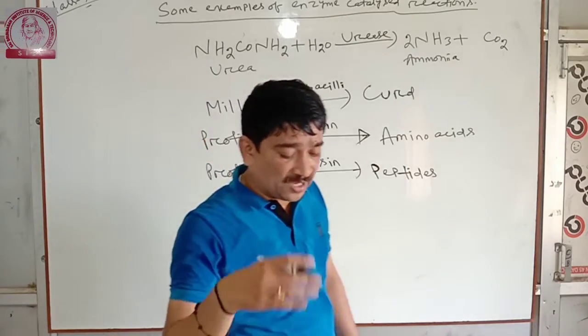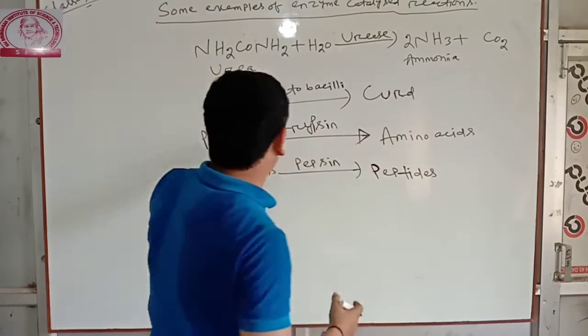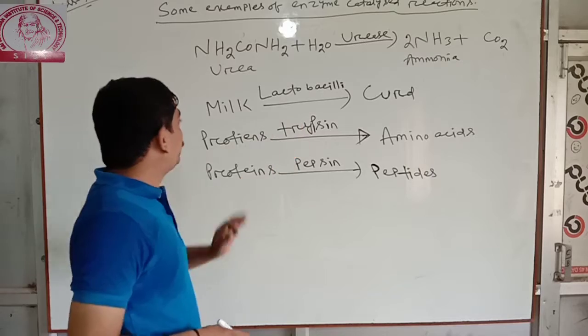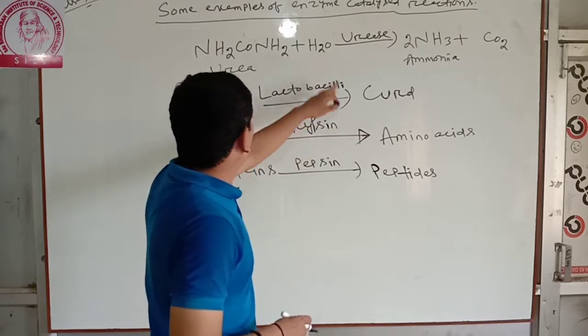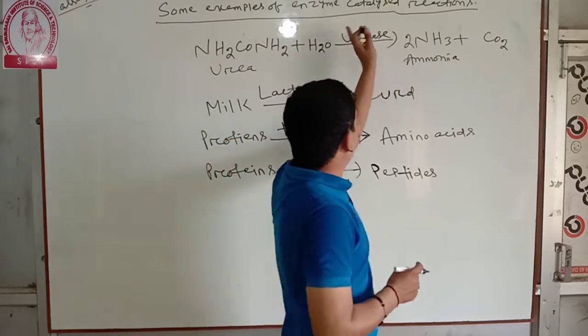Proteins to peptides by pepsin and proteins to amino acids by trypsin. Milk to curd by lactobacilli. Urea to ammonia by urease.